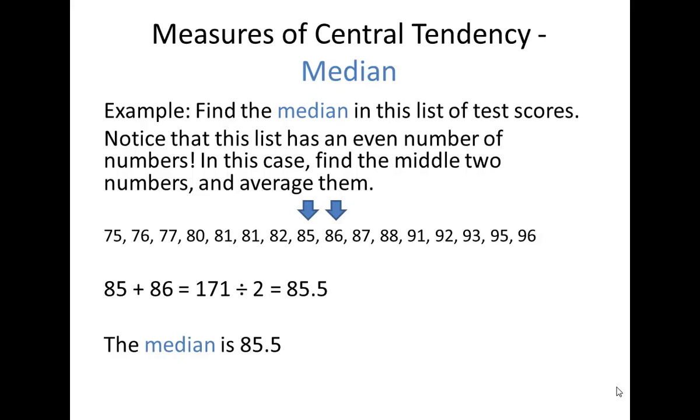There are the same number of values below 85 and above 86. To find the median in this example, we will add the middle two numbers and then divide the sum by 2. The median is 85.5.